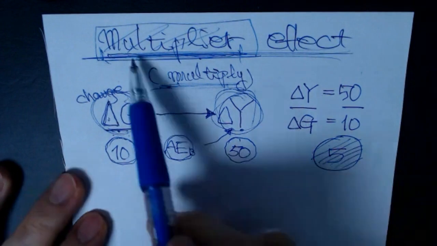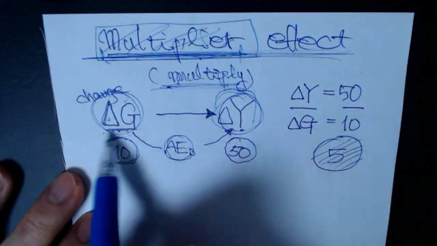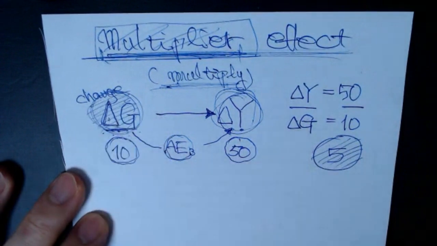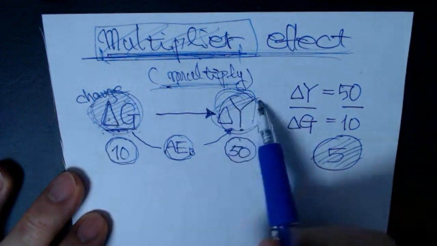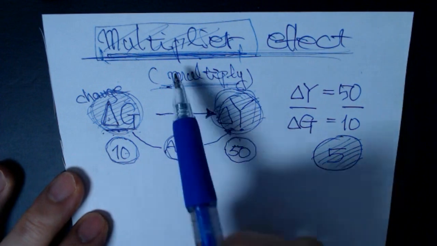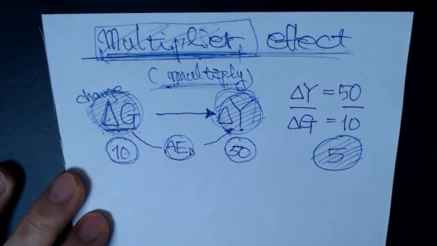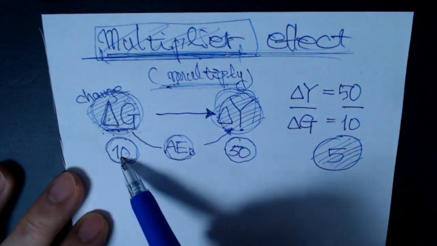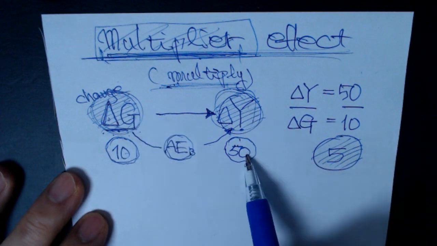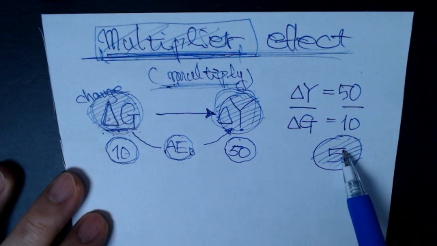The meaning is like this. The multiplier tells us that whenever the government spends a certain amount of money, national income must increase by a certain amount of money. How many times it will increase is measured by the multiplier. So if government spending increases by 10, national output increases by 50, and the multiplier is 5.